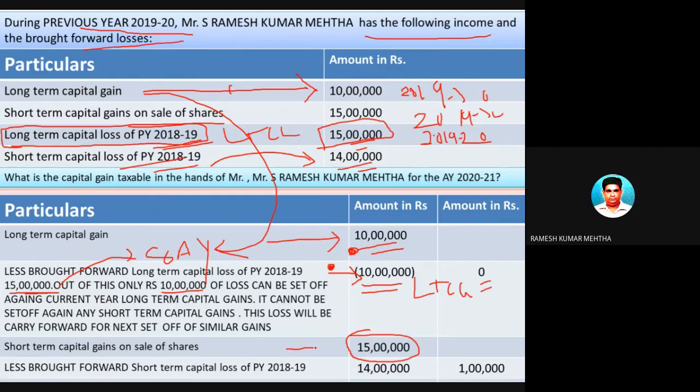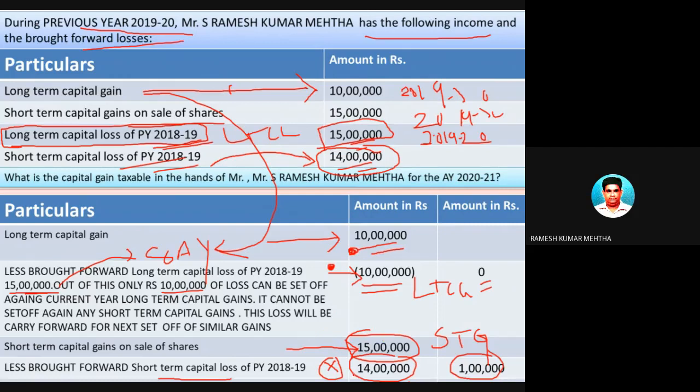So 14 lakhs is set off, the whole amount. The remaining short-term capital gain out of 15 lakh rupees after setting off 14 lakh rupees is only 1 lakh rupees. So long-term capital gain is 0 and short-term capital gain is 1 lakh rupees, and hence the total capital gain is 1 lakh rupees. Hope you have understood.